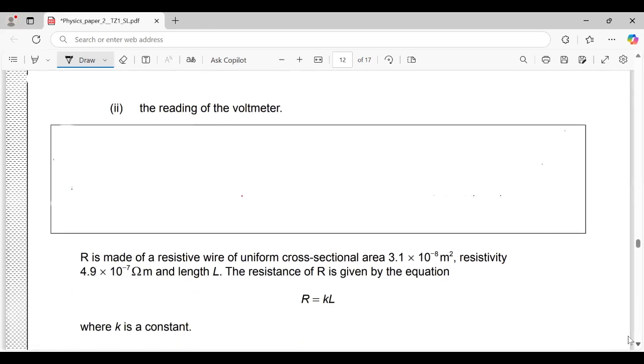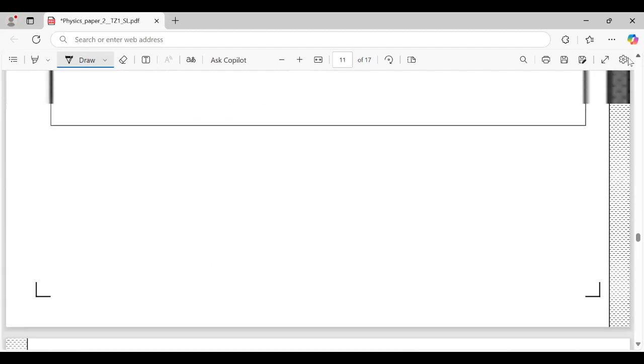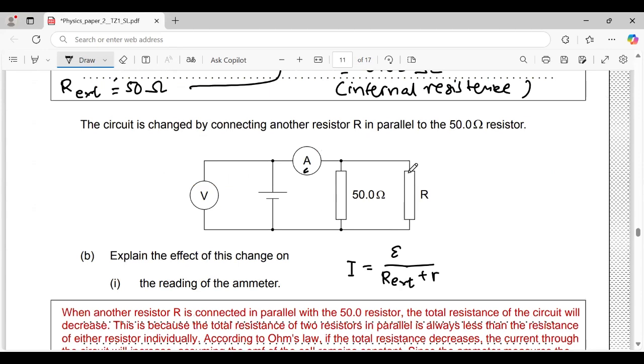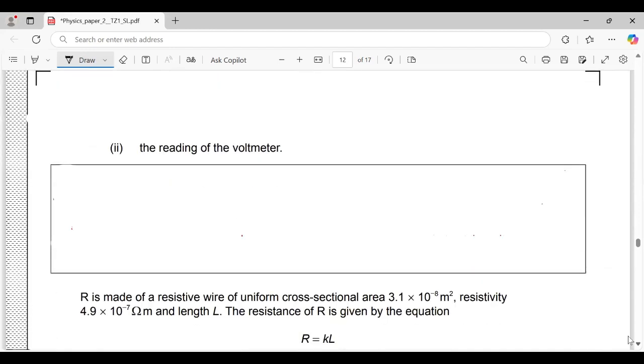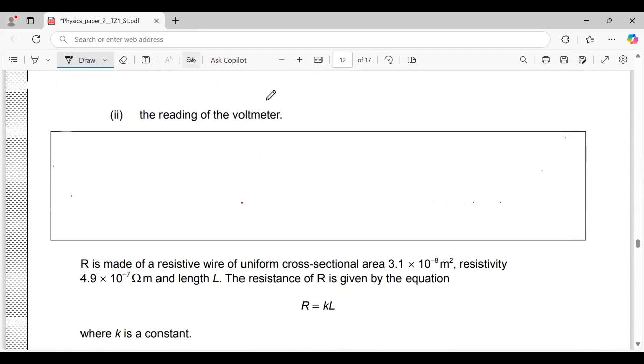So what are the implications for the reading of the voltmeter? Just now, when we added one more resistor here, this was the implication for the reading of the ammeter, and next is the implication for the reading of the voltmeter.